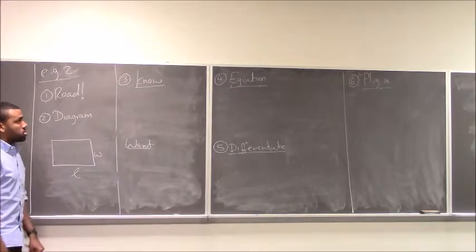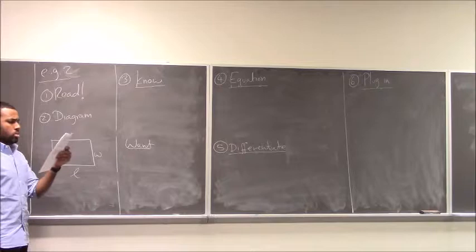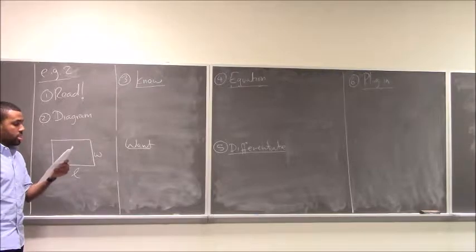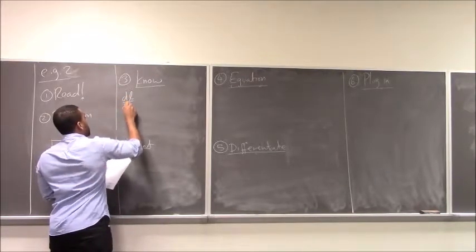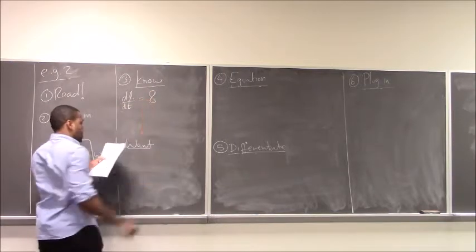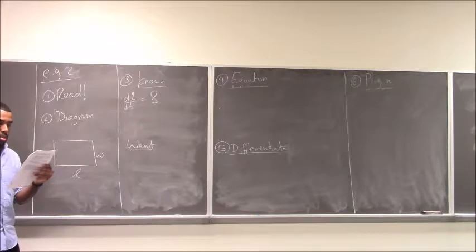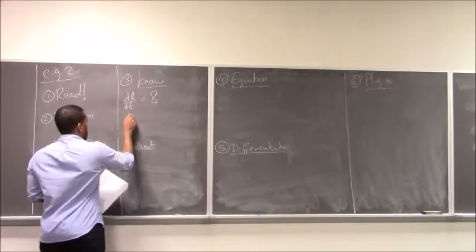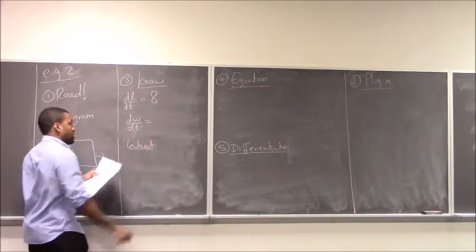Okay, so what do we know? What rates do we know? We know the length of the rectangle is increasing at 8 centimeters per second. So I know dL/dt is 8. It's a positive 8 because it's increasing. I know the width is increasing at a rate of 3 centimeters per second. So the rate of change of the width with respect to time, dW/dt, is 3.